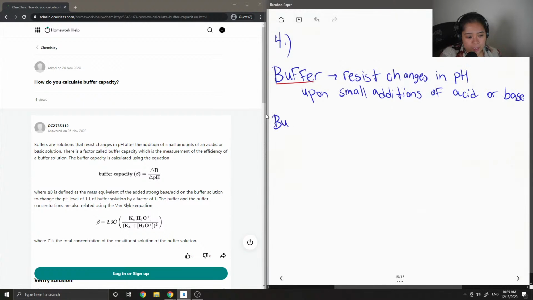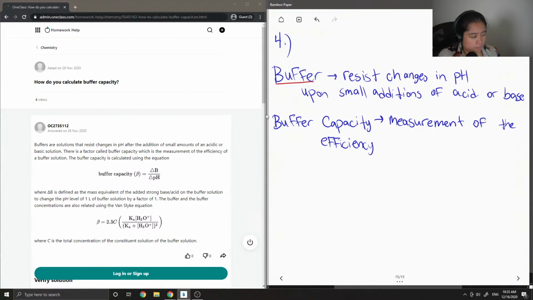So buffer capacity is pretty much the measurement of the efficiency of a buffer solution. So this is how well it resists the change in pH.